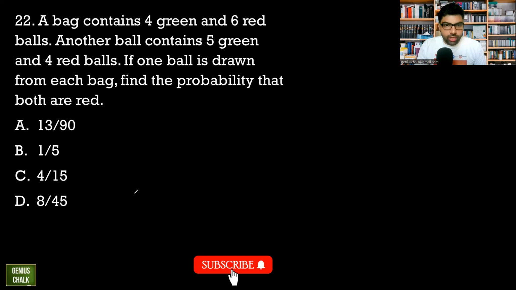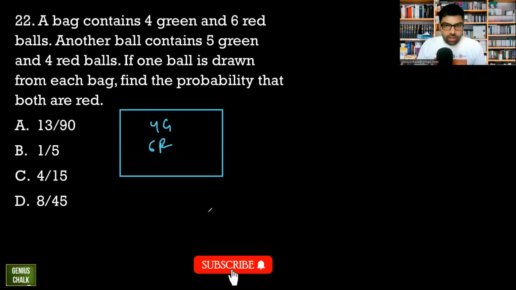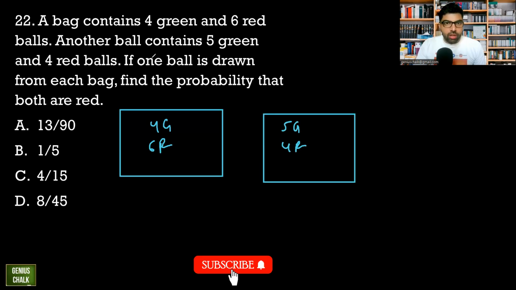Question: 1 bag contains 4 green and 6 red. Next bag, 5 green and 4 red. One ball is drawn from each bag. Probability that these both are red.